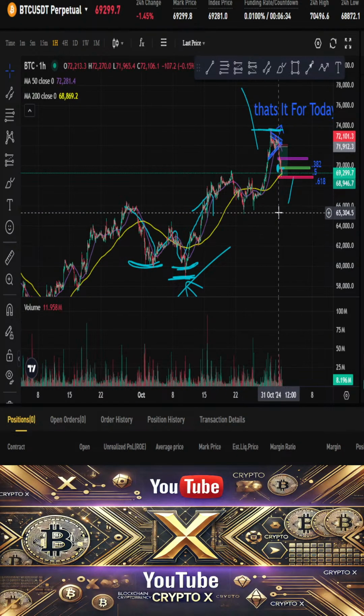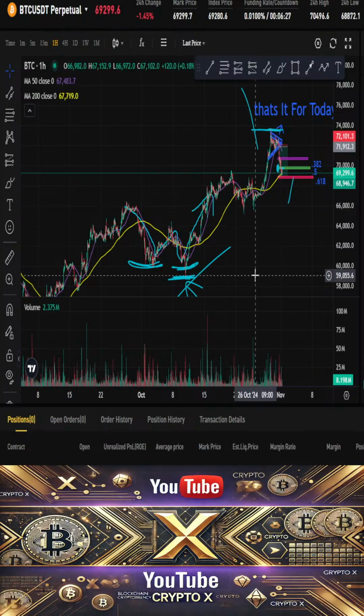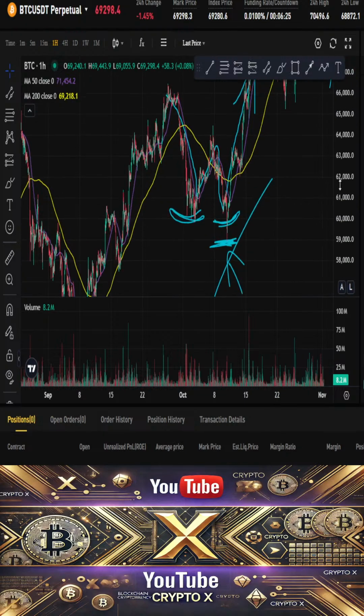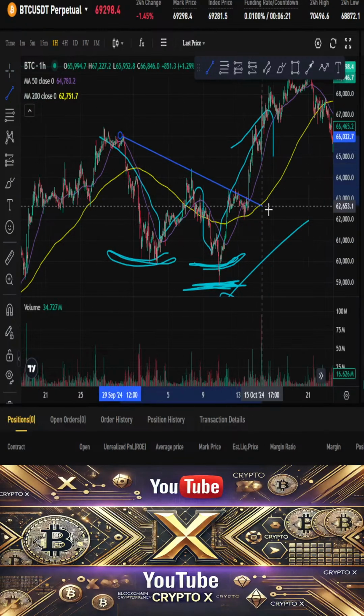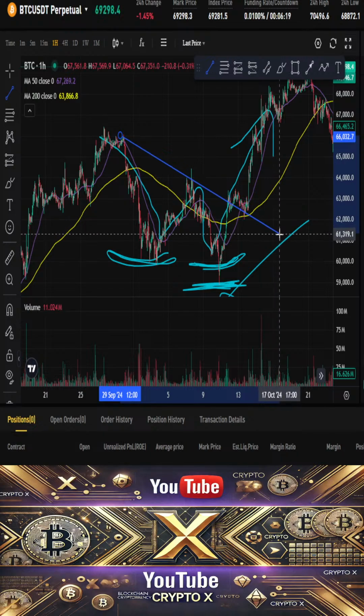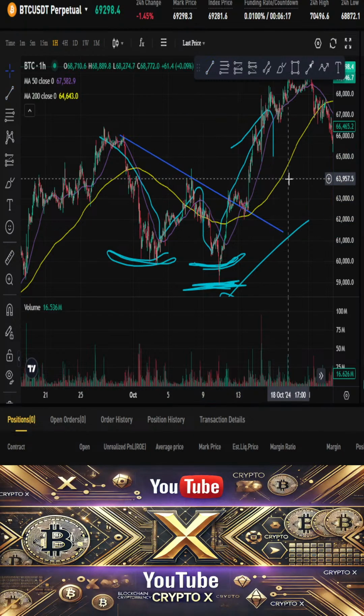One of our viewers is saying when I take a trade in W pattern, it always goes down. So for W pattern, you have to check the breakout from here. Always check the breakout here.